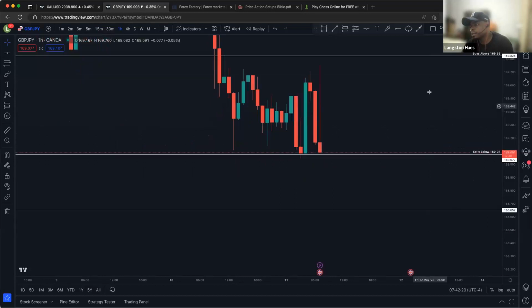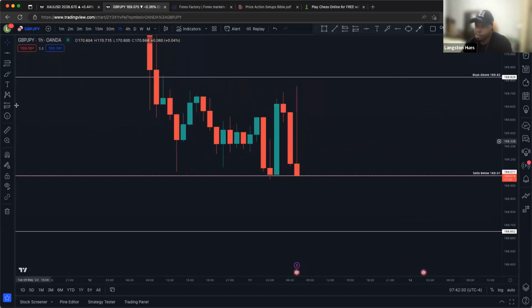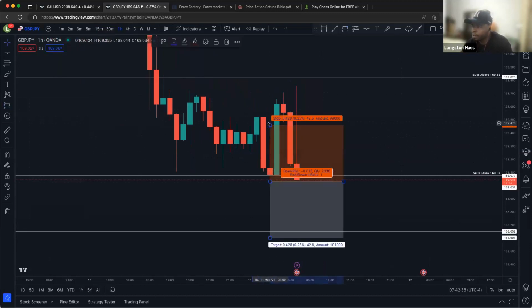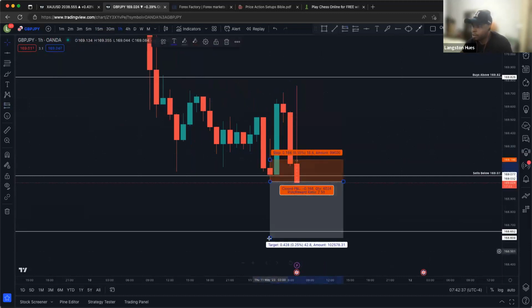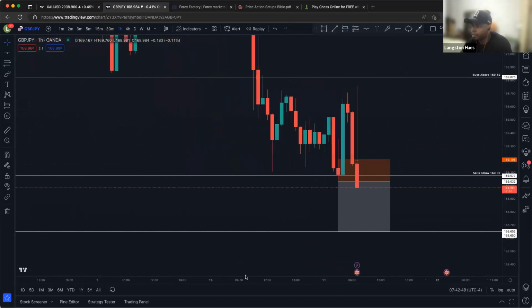Oh, look at that. This might be some impulse entries. On a break. Yep. Touching this wick here. And then the drive. But I didn't enter that.